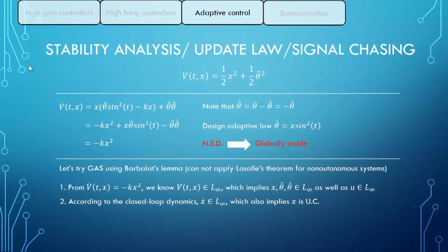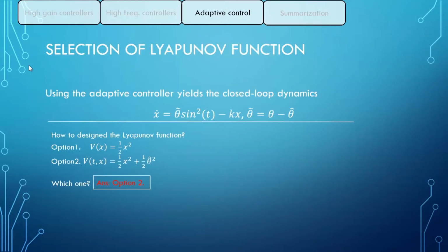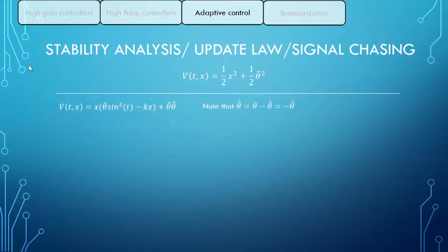According to the closed loop dynamics, the closed loop error system is x dot equal to theta tilde sine t squared minus kx. After you substitute the control into the dynamics, you get the closed loop error system.